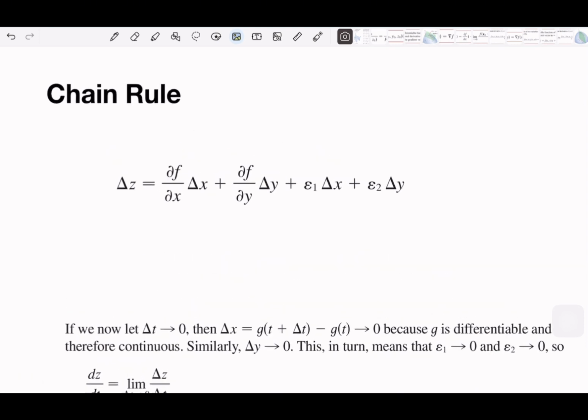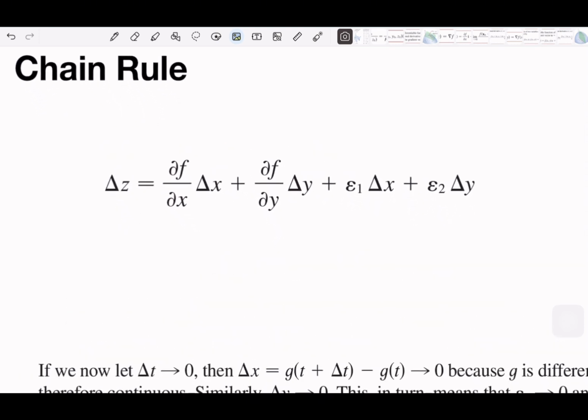Suppose that, according to what we have in the tangent plane and the linear approximations, we have these differentials, and this epsilon serves like a gap in between, and if we take the definition of limit, this epsilon will go to 0. Okay, so by definition. Let me write this just for your reference.